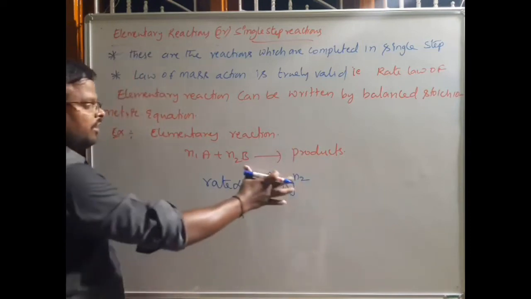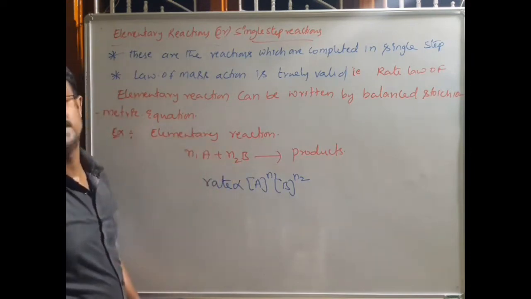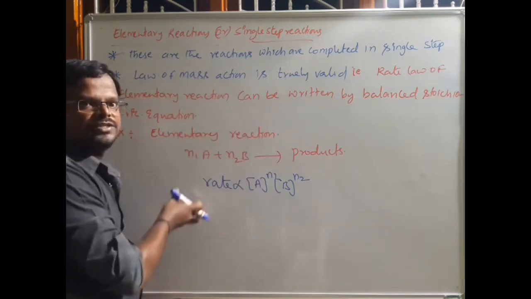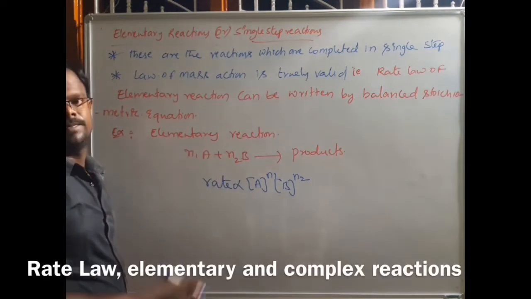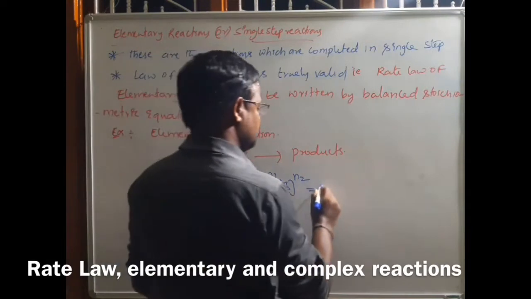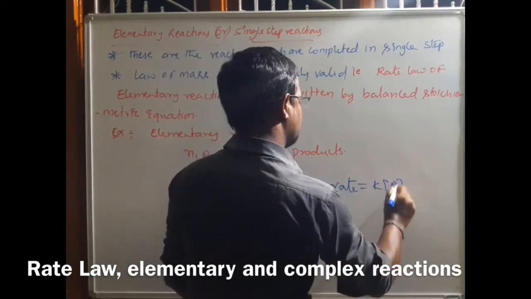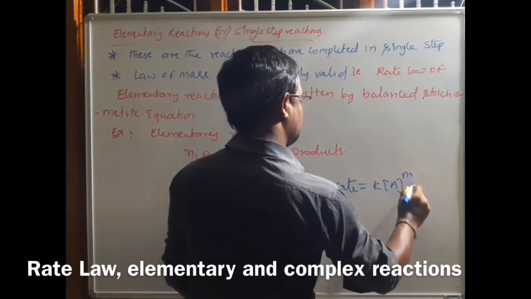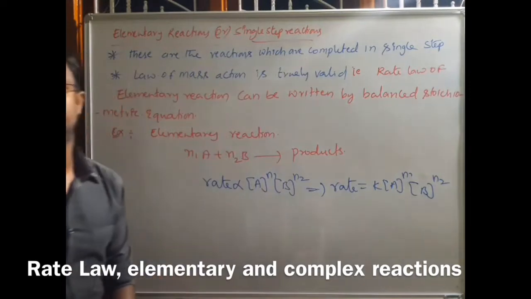Why have we taken these stoichiometric coefficients as powers? Because it is an elementary reaction, which is a single-step reaction. That's why we take the stoichiometric coefficients as the powers. So rate equals K into concentration of A power n1 into concentration of B power n2.